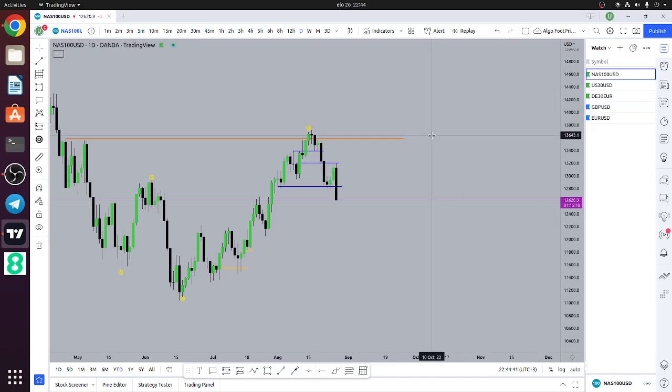Listen, you don't pick pairs, or rather assets, that you're going to be trading just because you saw somebody picking those pairs. In the first place, I used to trade the DAX, German 30, because I understood this asset inside out, the way it moves, what time it moves. And then I added Nasdaq and US 30.